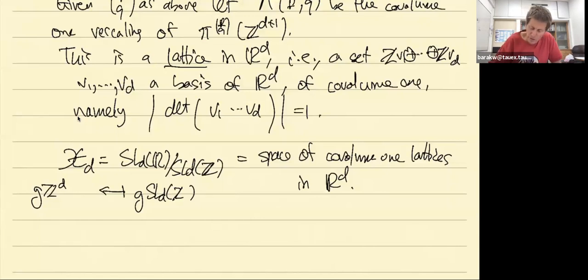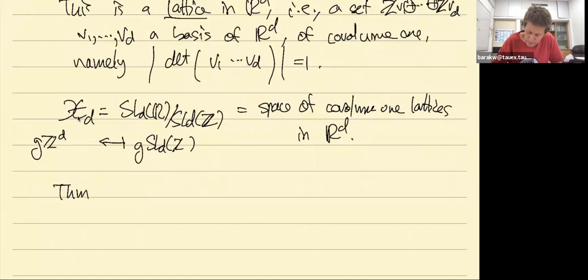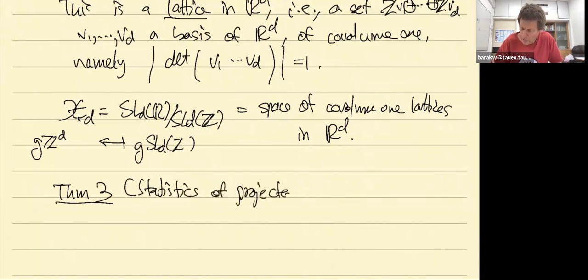And here's our theorem. So this is the statistics of projected lattices. And again, this is for d greater than or equal to 2. I'll say a few words about that in a second.